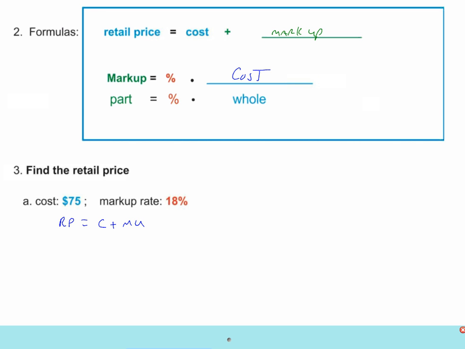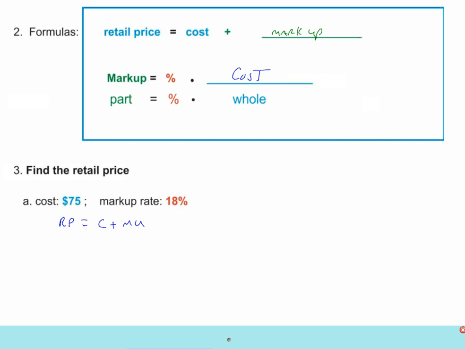So here's how you would do this if you run into this problem, maybe on a quiz, a test, or a homework problem. You would start with saying, hey, I need to figure out the retail price. And therefore, I'm going to use my formula, retail price equals cost plus markup.